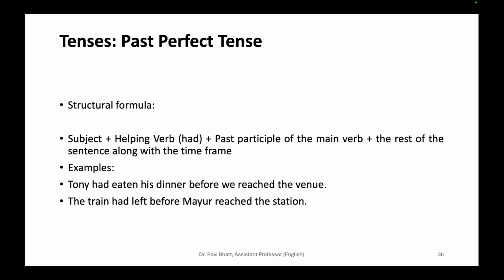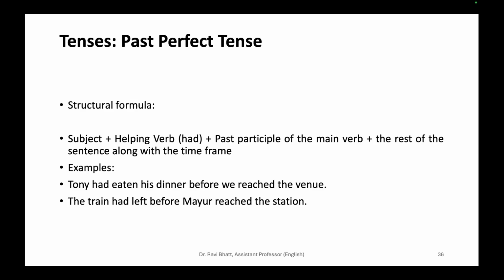Now, tenses, we come to the next variation, that is past perfect. Now, always remember that when a work has recently been finished, with reference to present, we use present perfect.